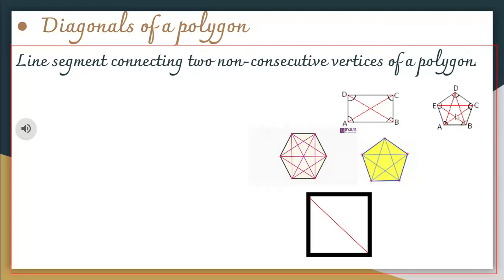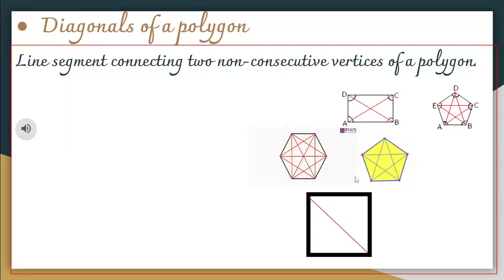Clear? More vertices means there could be more possibilities of line segments joining non-consecutive vertices. So that is why polygons with more sides have more diagonals, right? So let's look at some more examples.